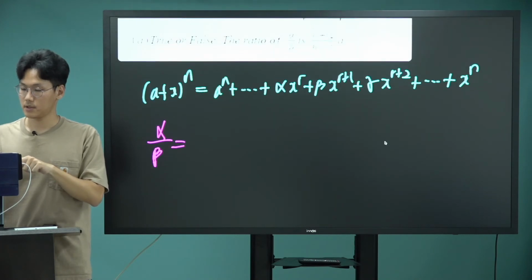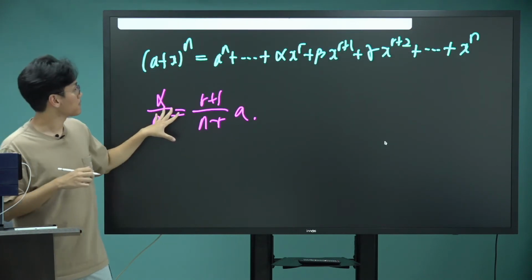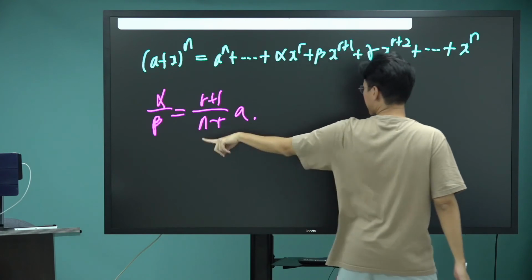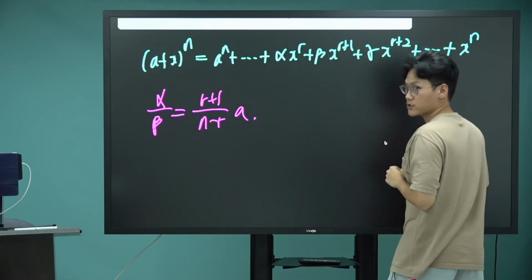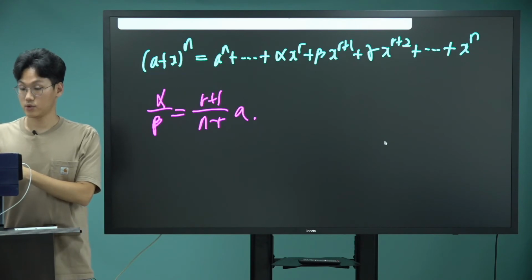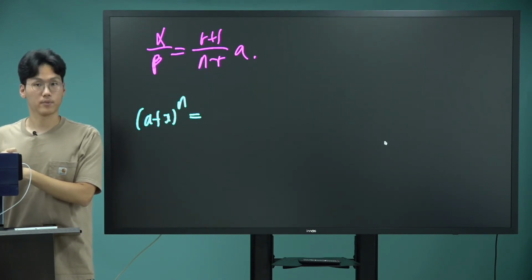And then that should be r plus 1 over n minus r, a. That's what they asked me to get. But as you can see, alpha is the coefficient of x to the power of r, beta is the coefficient of x to the power of r plus 1. So what I'm going to do is obviously expand this by the binomial theorem, right?